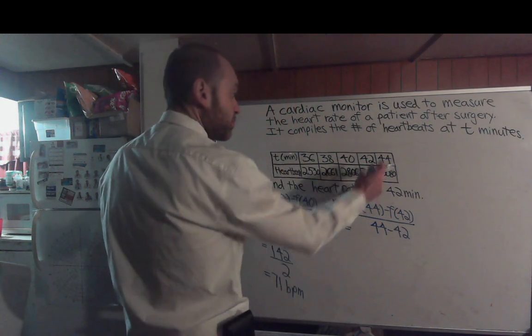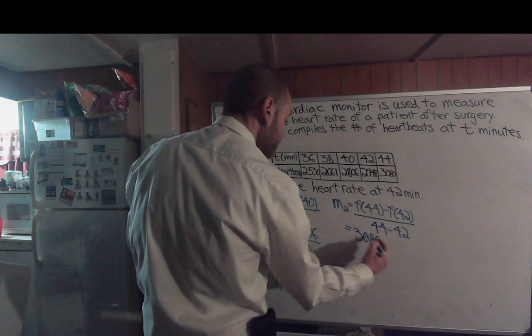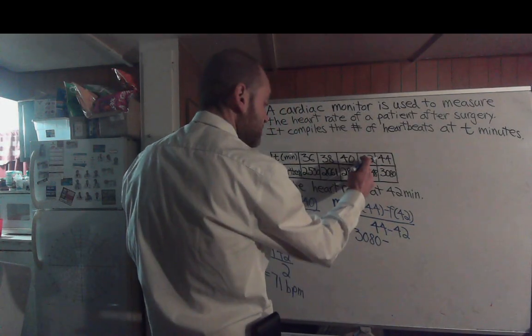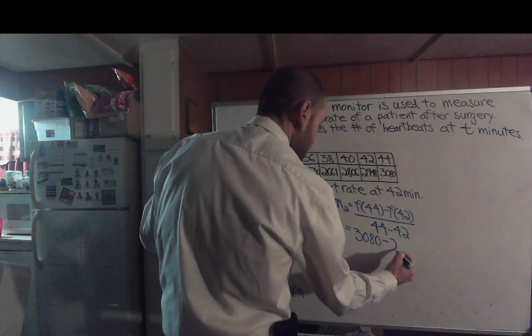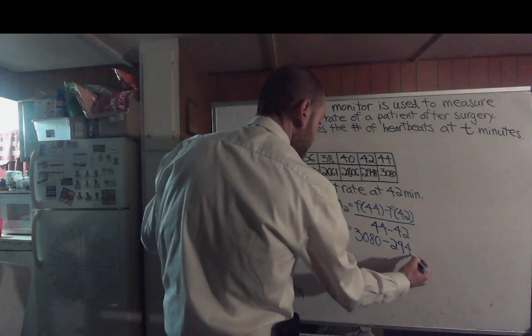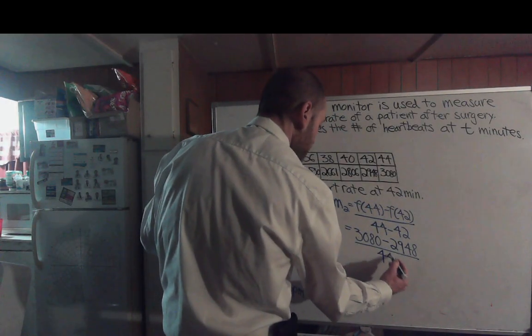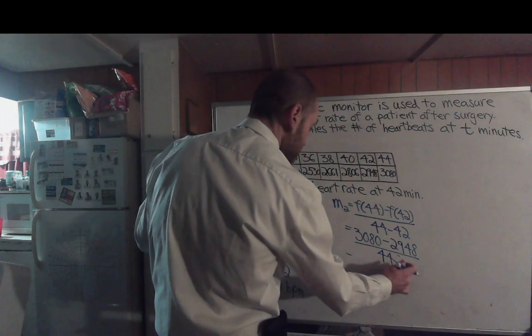Well, at 44 minutes, there were 3,080 heartbeats, minus at 42 minutes, there were 2,948 heartbeats. Divide all that by 44 minus 42.